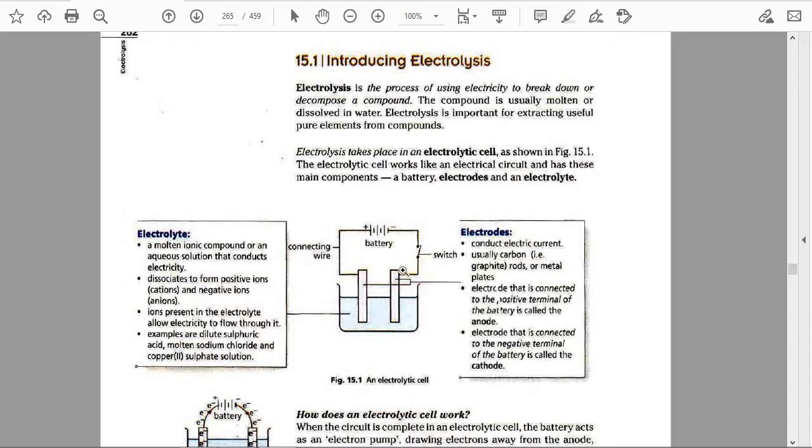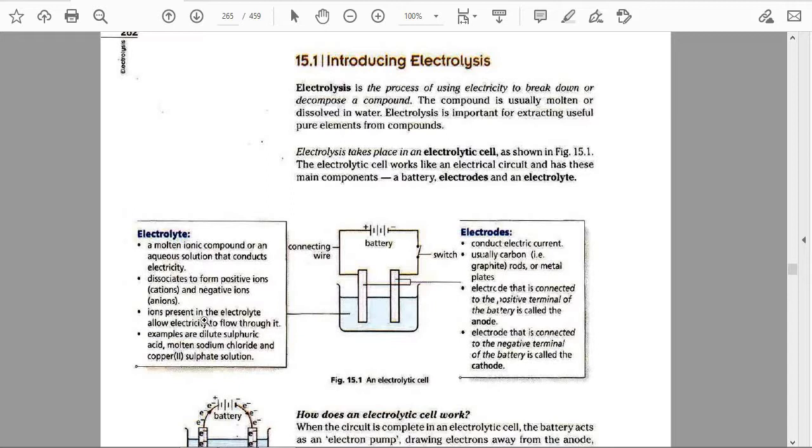Electric circuit. Let's see what is meant by electrolyte. An electrolyte is a molten ionic compound. As I mentioned last time, an ionic compound is when you have a metal plus a non-metal, or an aqueous solution that conducts electricity. The electrolyte dissociates to form positive ions known as cations and negative ions known as anions.